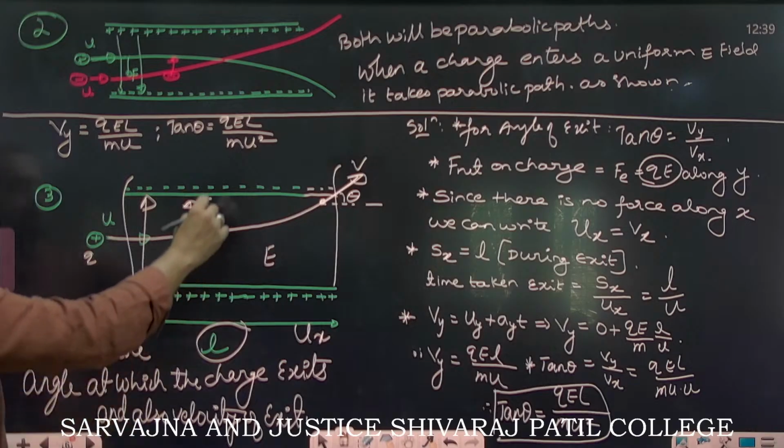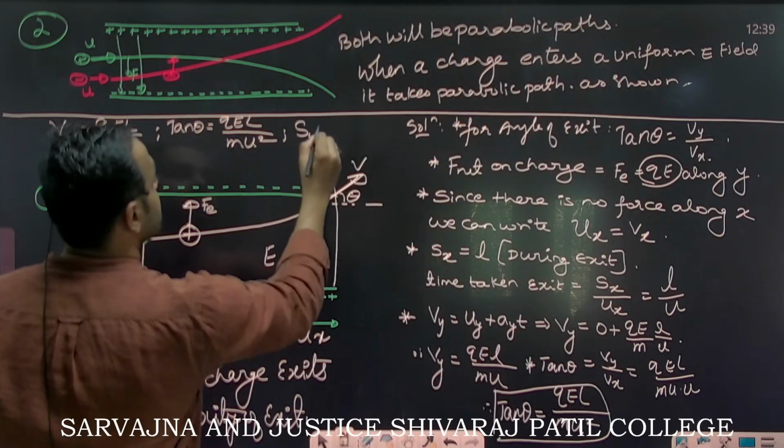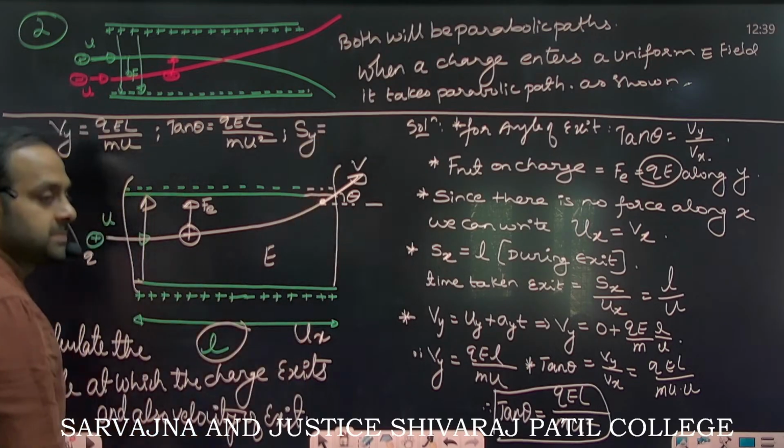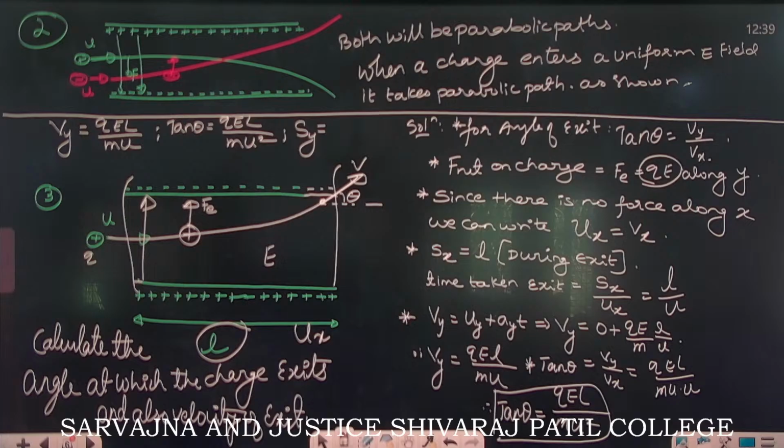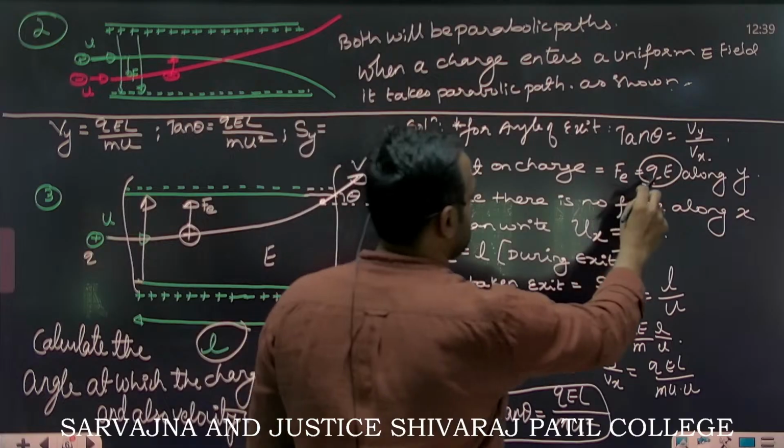Can you also tell me what will be the displacement along the y axis before it exits? Simply uyt plus half ay into t square. So uyt is 0, half ay into t square. Ay is how much? Ay is qe divided by m.